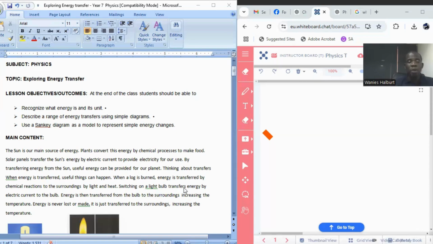Now, thinking about transfer, we'll talk about energy transfer, which is the core of our topic this day. When energy is transferred, useful things happen. When a log is burned, energy is transferred by chemical reaction to the surroundings, giving us light and heat.